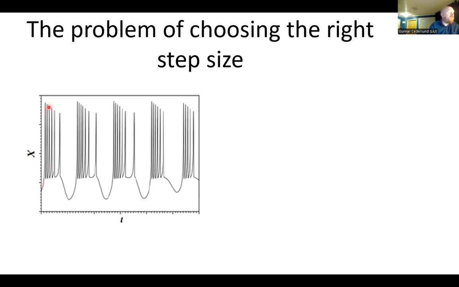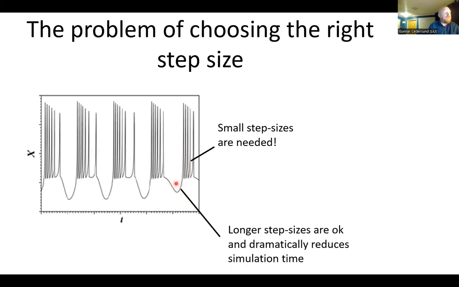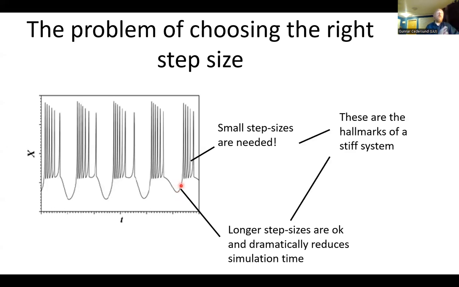This is from the Hodgkin-Huxley type of simulations, this oscillating or bursting behavior that you have in electrically active cells. And here you see that sometimes the derivative is changing very rapidly, so you need to take very, very small steps. But in other parts, the slope is much lower, so you can take much longer step sizes. If you have such a situation, then you have a stiff system.